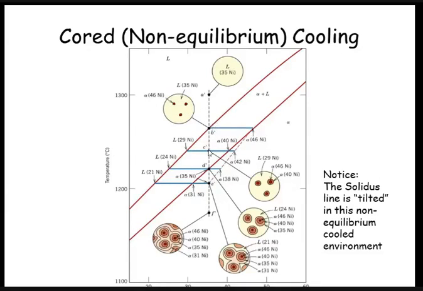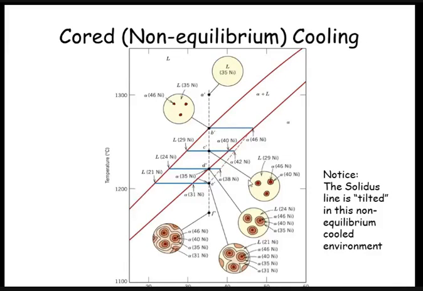So slowly as you go down, the composition of liquid varies along the liquidus line and the composition of solid varies along the solidus line when you follow the equilibrium path.